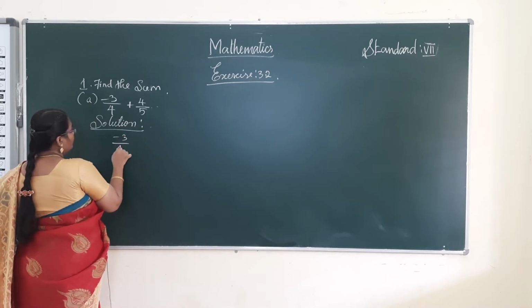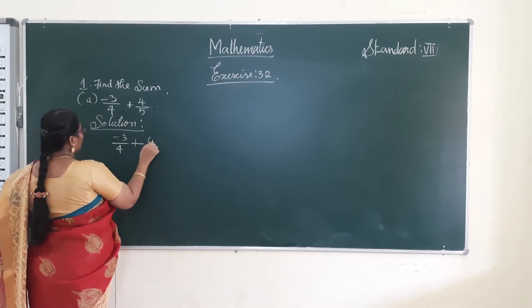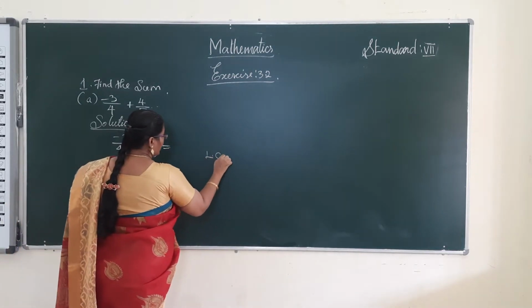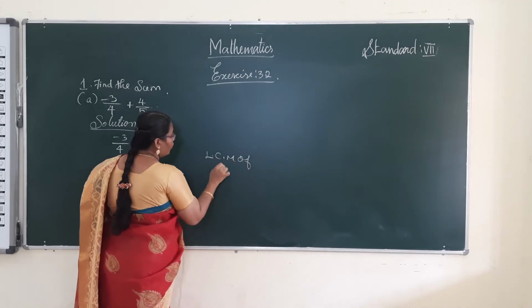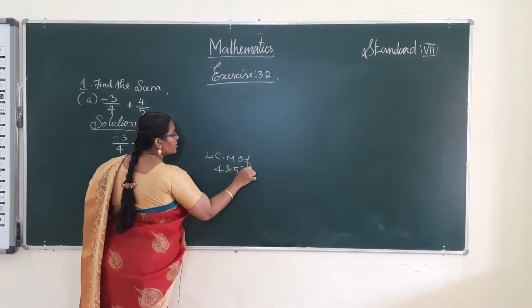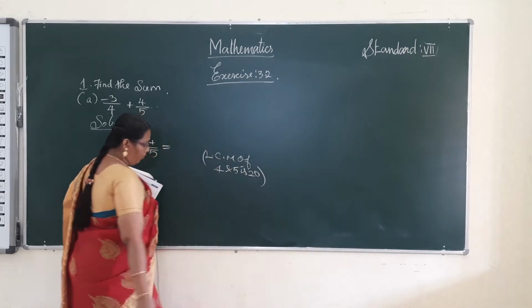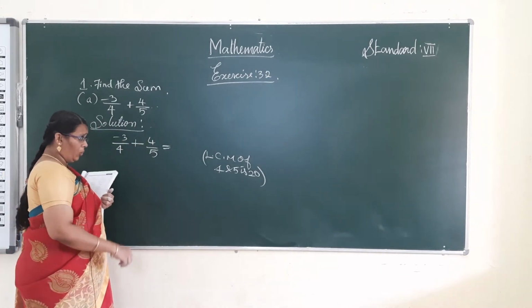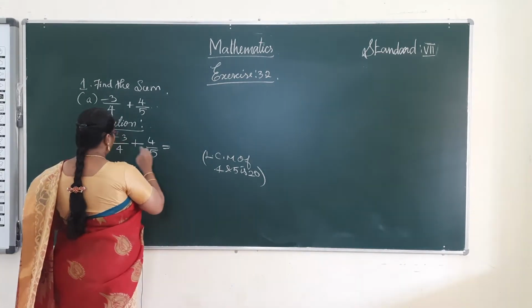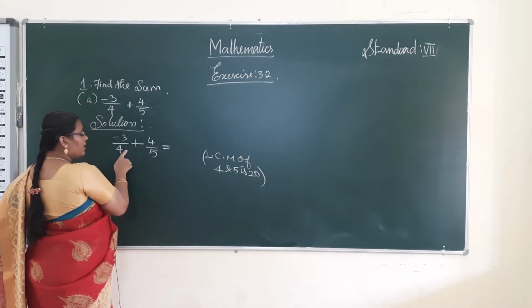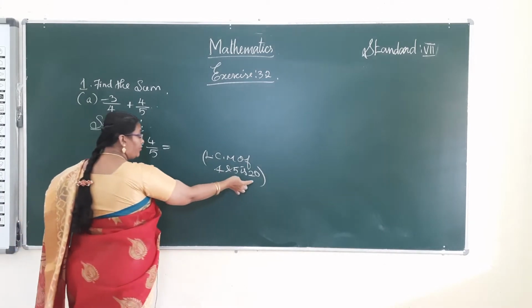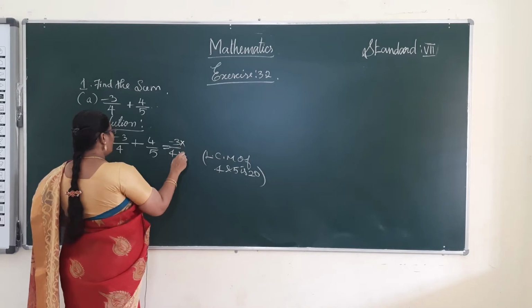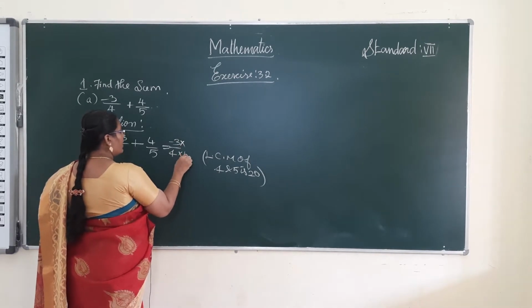Minus 3 by 4 plus 4 by 5 is equal to, so the LCM of 4 and 5 is 20. Which number multiplied with the denominator gives 20? That number we multiply with the numerator also. So 4 5s are 20.